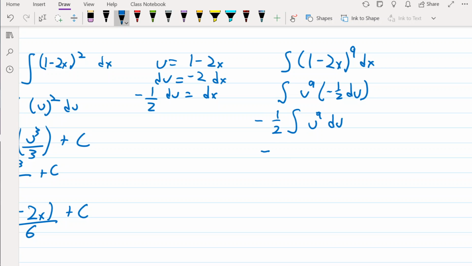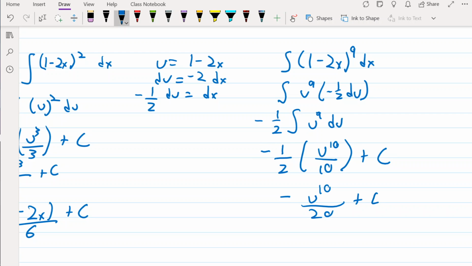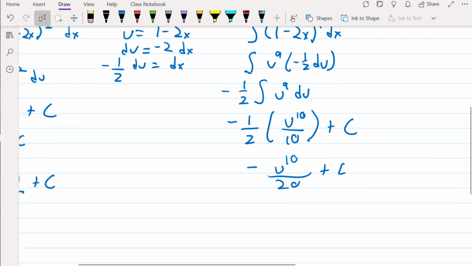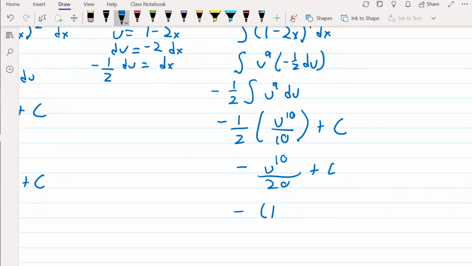Then we integrate, and we have C, which will mean it is equal to opposite u to the 10 over 20 plus C, and then we resubstitute back in. And that is the correct answer that is on the answer guide.